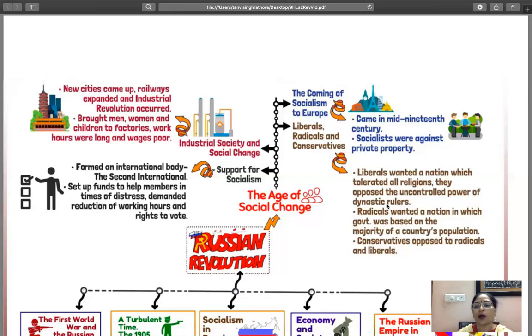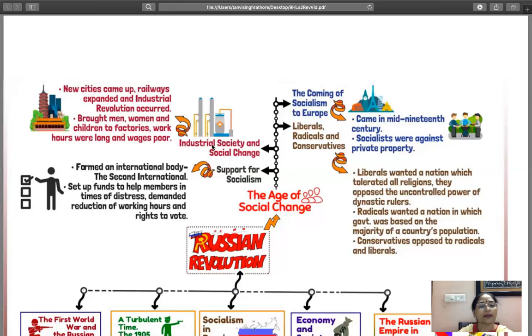Then we see that a new concept came up in the mid 19th century, that was socialists. Socialism, this idea, came after the industrial society and social change after the Industrial Revolution.